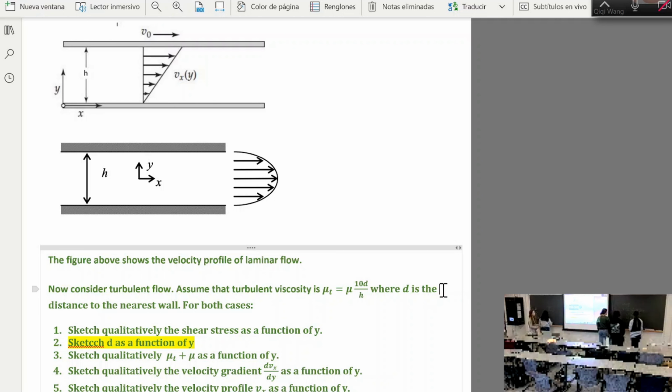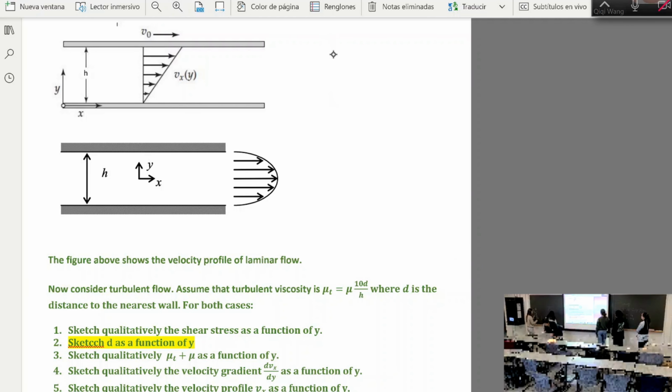I still don't see people starting to sketch things. I just want to give an example of what I mean by sketch things. So for the first question, we know from a force balance that tau has to be the same no matter where you are, at what y location, for the first case.